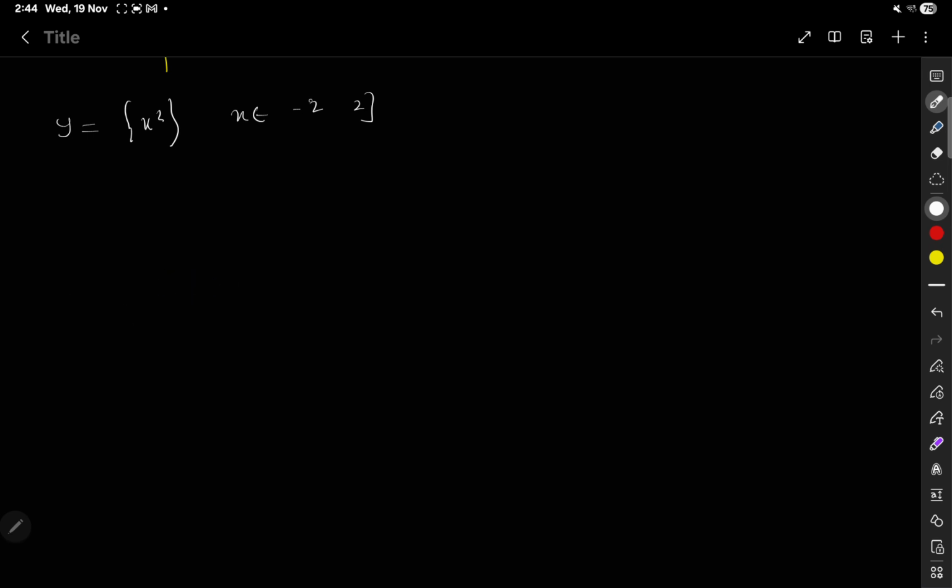So you will get this graph like this. This is 0, this is 1. Mark integers on the y axis. So you will get 1, 2, 3, then 4.